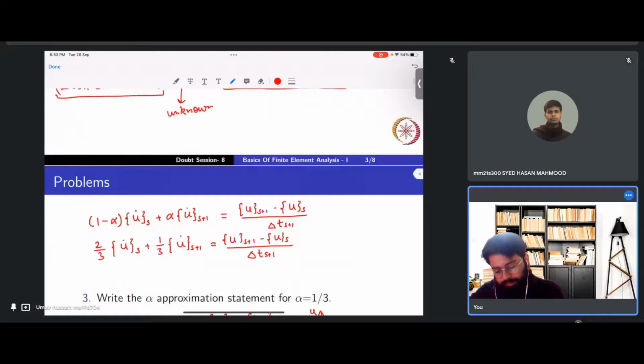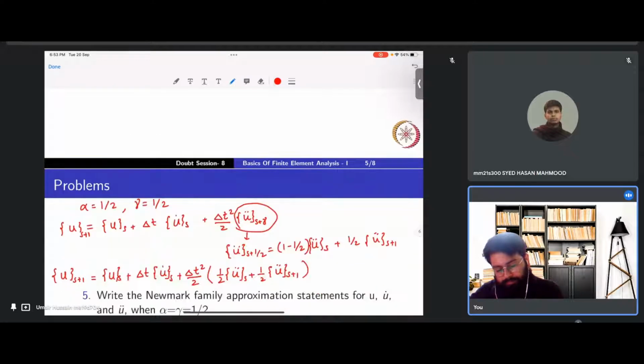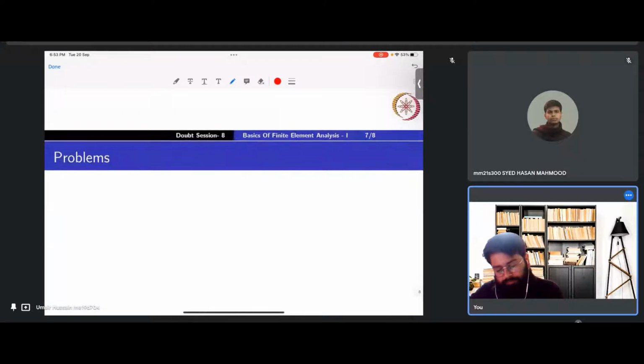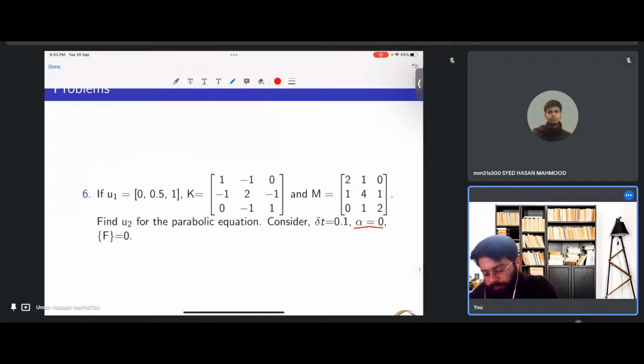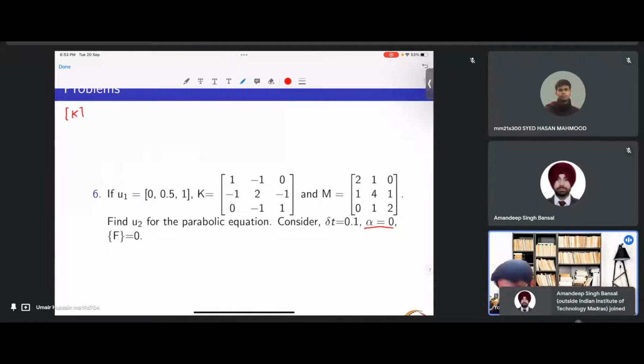Just write it there. k times the alpha approximation of u plus m times the derivative term. So we'll start with this.